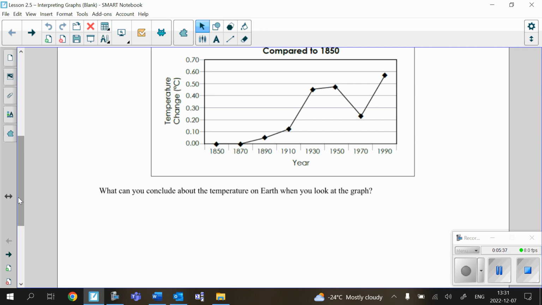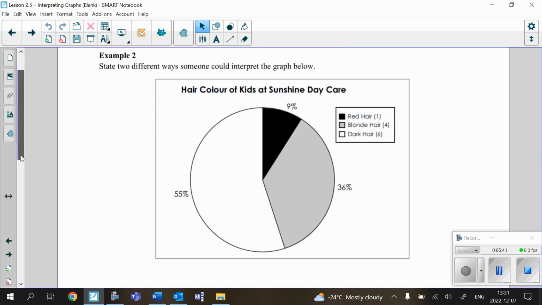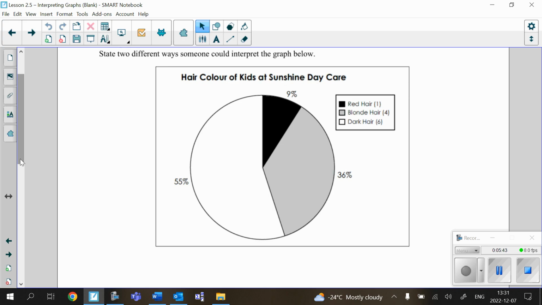So here's a circle graph. And this is the hair color of kids at a certain daycare. Now, you want to be careful sometimes how you look at graphs, and that's another part of this lesson I'd like you to focus on. Don't look at the numbers, just look at the percentages.